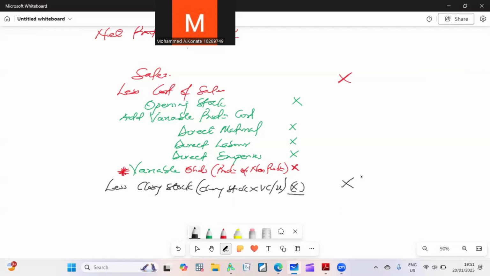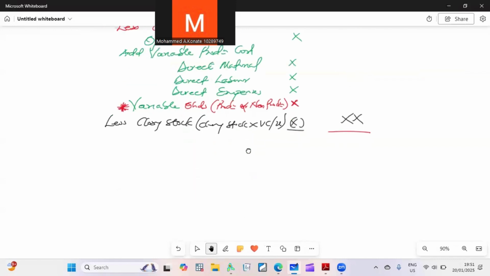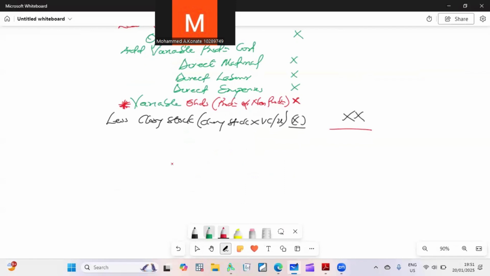Once you get your cost of sales, you deduct and you get what we call contribution. This time around, not the term gross profit, but we call it contribution. So you get your contribution. Then you less all fixed cost, whether production or non-production.